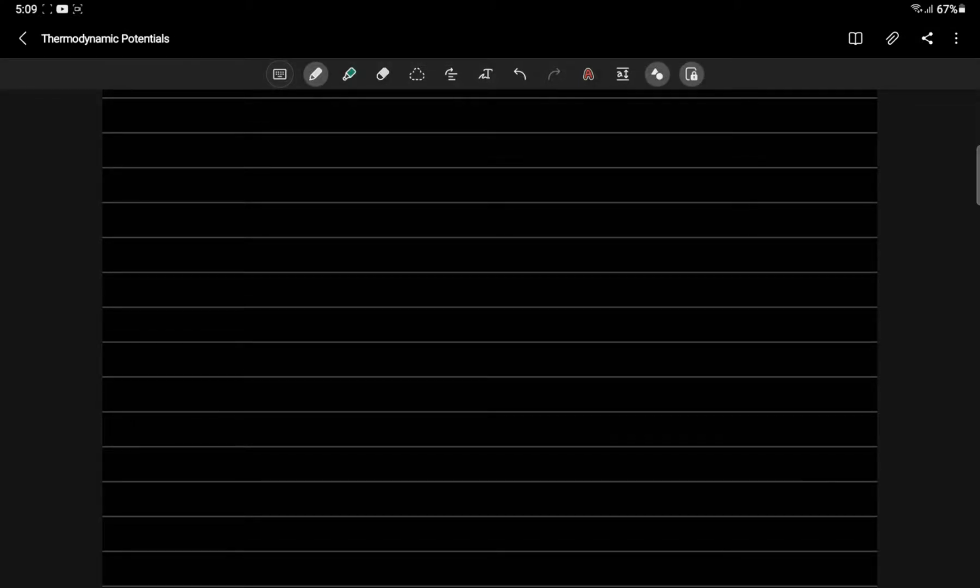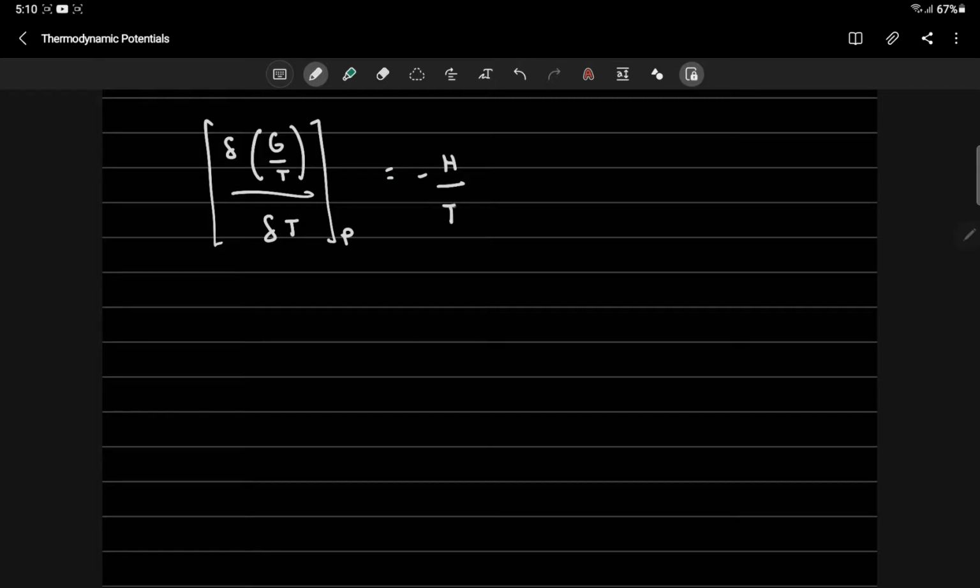In the previous video lecture, we were able to derive the mathematical expression for the dependence of Gibbs free energy on temperature. So yung form ng equation na yon is yung change in Gibbs free energy, or actually it's the ratio of G over T with respect to temperature at constant pressure, equal lang siya sa minus H over T squared.